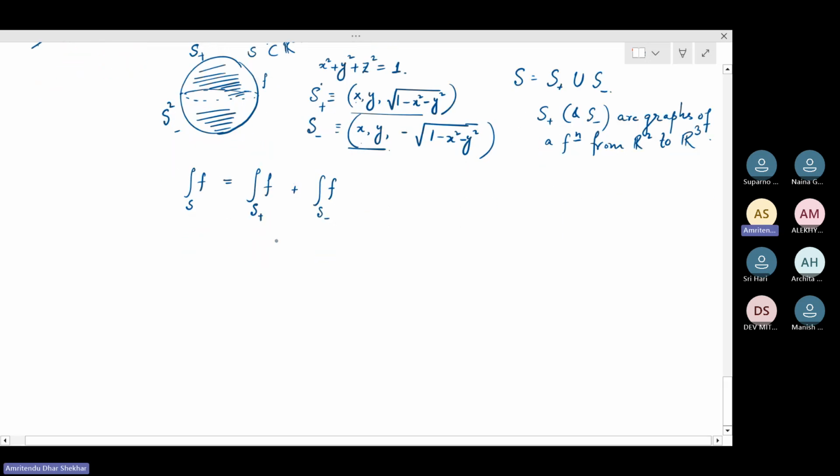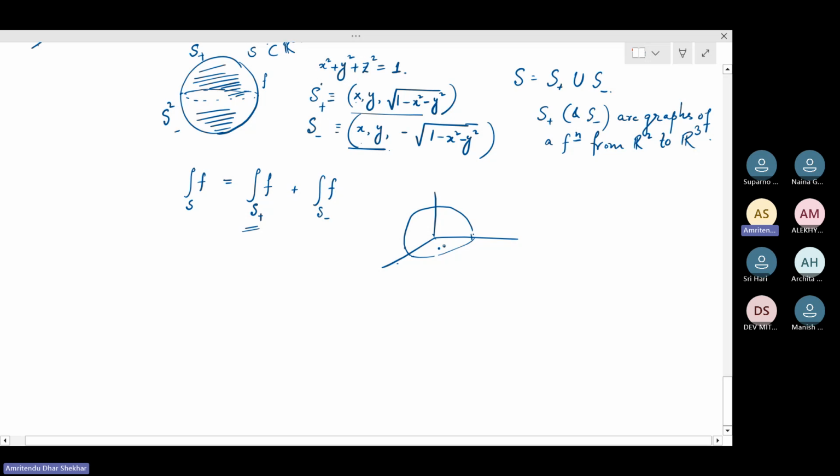When you are integrating this function, let's say you take this part, which is the integral of f over S plus. Okay. So this is actually a map. You can actually plot this. It's a map which is basically the upper hemisphere of the sphere. Okay.